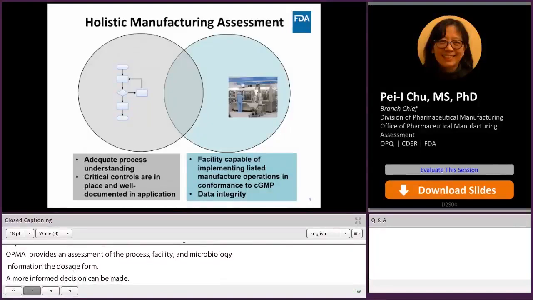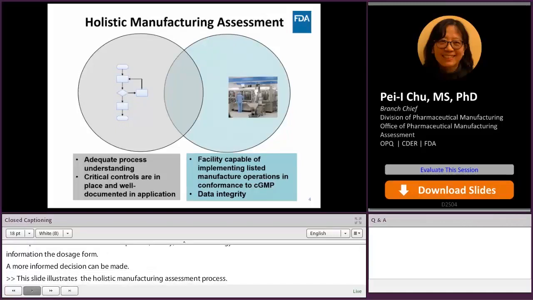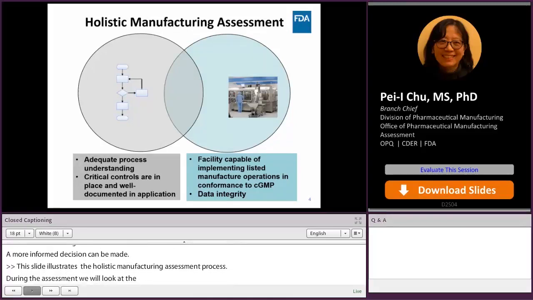This slide illustrates the holistic manufacturing assessment process. During the assessment review, the assessor will look at the adequacy of process understanding and also determine if critical controls are in place and well documented in the application.